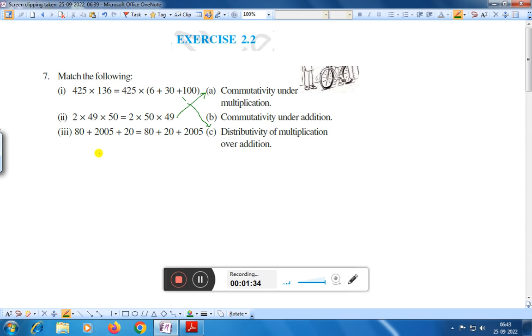Right? And number 3 is 80 plus 2005 plus 20 is equal to 80 plus 20 plus 2005. This is commutativity under addition.